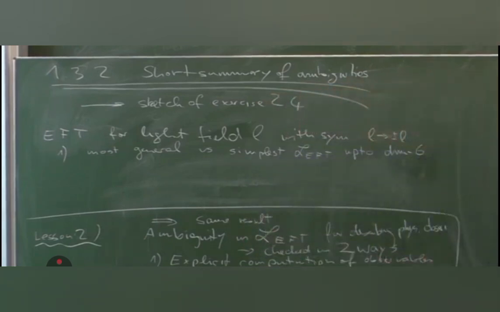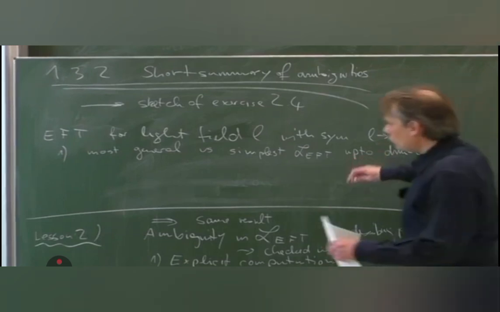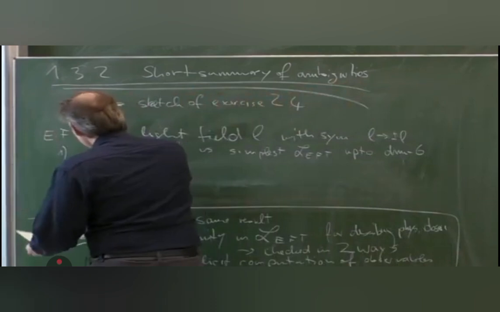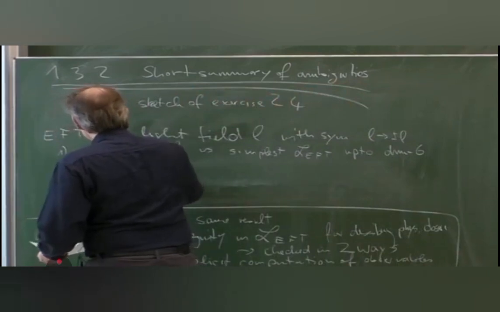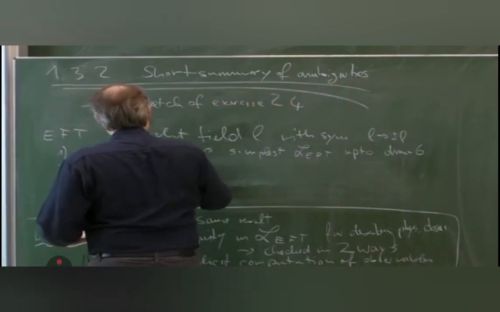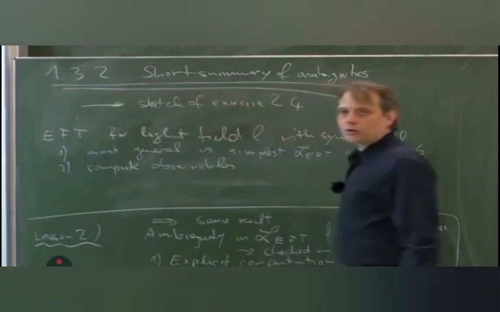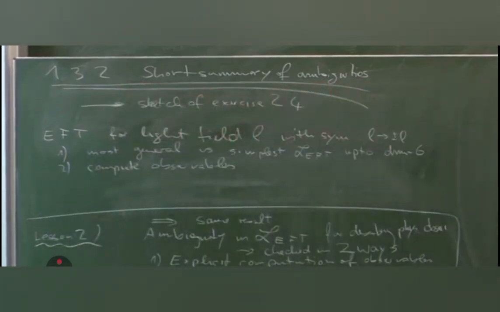So the first task of the exercise is particularly to construct the most general Lagrangian that is at all possible and then contrast it to the simplest Lagrangian. The second is then to compute observables. Simply compute all relevant observables in the most general case and of course also in the simplest case, which is a specialization.